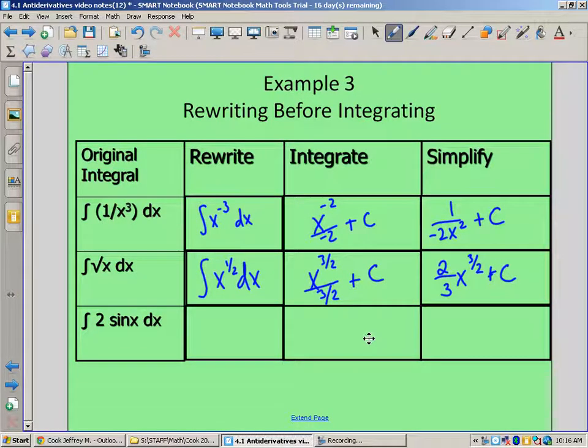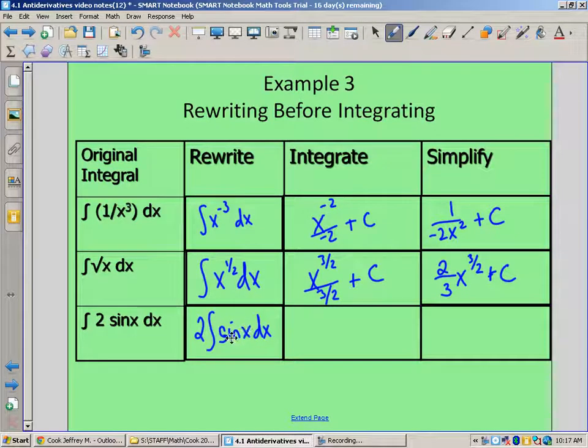And then the tricky ones are when we get to sine and cosine. If I'm rewriting this, I might rewrite it like this, bring out the 2 because it's a constant multiple, and then this is sine x dx. That would probably be one way I'd rewrite it. Then I have to remember, what did I differentiate to get sine? Well, differentiating cosine would get me a negative sine.